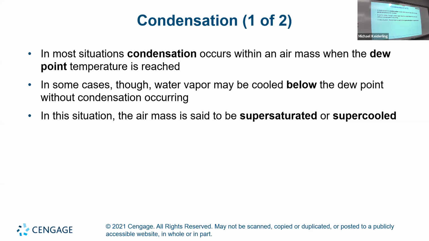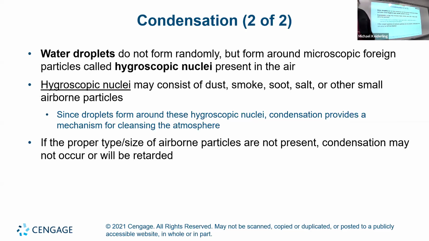In this situation, the air mass is said to be supersaturated or supercooled. There are various things where you can do this. You can supersaturate solutions of salts in water. You can supercool water, and then you can induce a transition very suddenly.